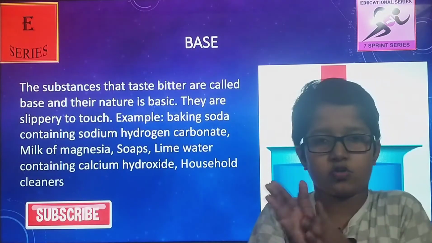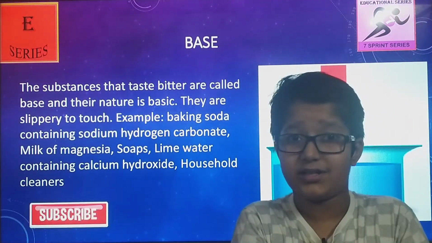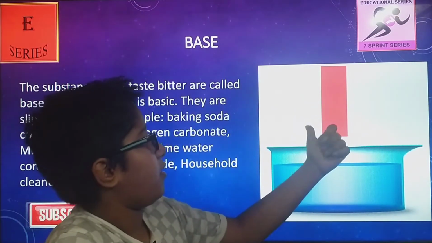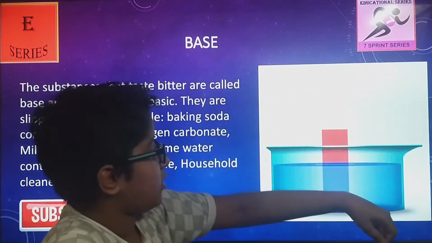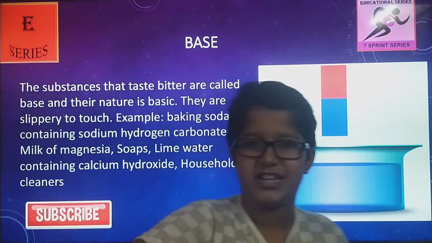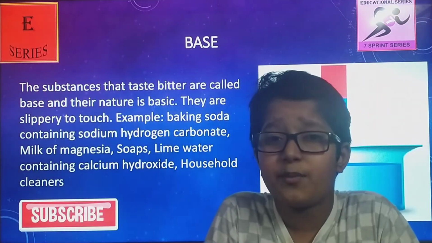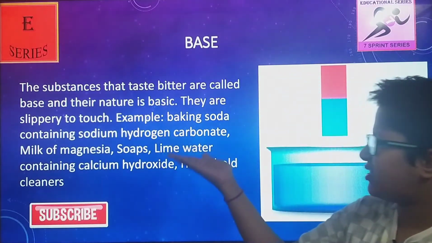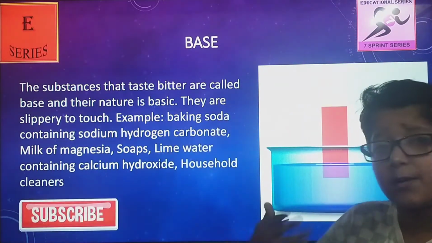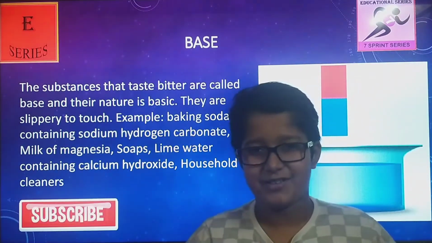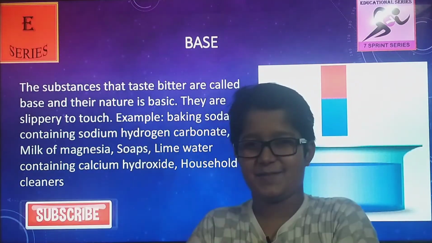If you touch soap, it is very slippery, isn't it? And red litmus paper, when you put it in a basic solution, turns blue in color. Examples: milk of magnesia, sodium chloride, soap, detergent, lime water containing calcium hydroxide, household cleaners, and a lot of other examples. So let's proceed.